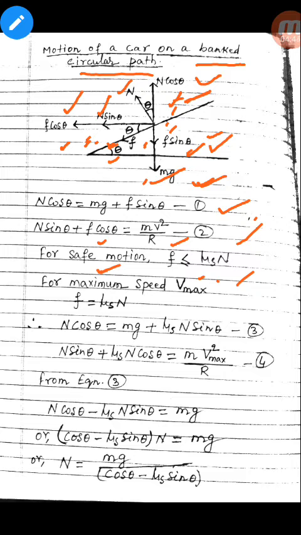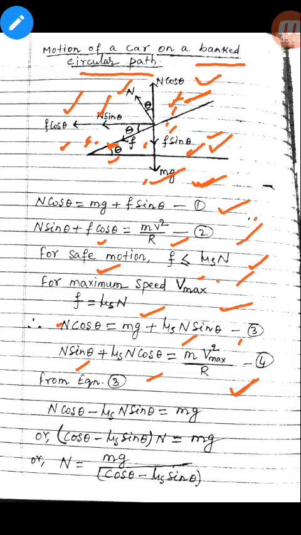So for maximum speed v max, this frictional force should be equal to mu s into N. Putting the value of friction force as mu s N, the two equations become N cos theta equal to mg plus mu s N sin theta, and N sin theta plus mu s N cos theta equal to m v max square by r.